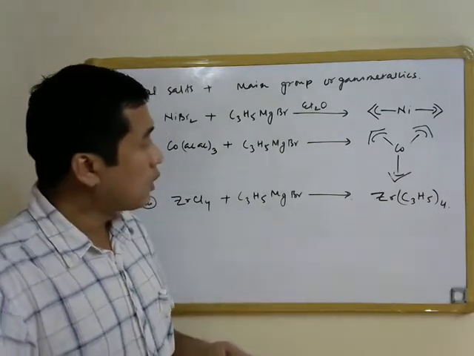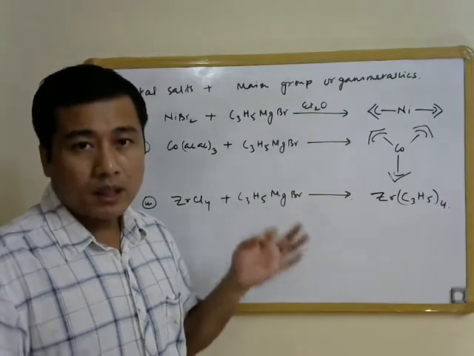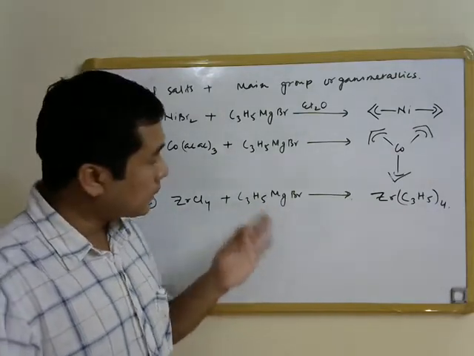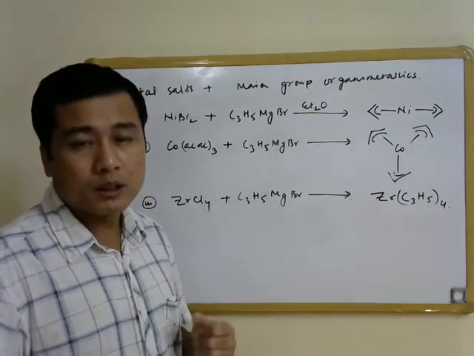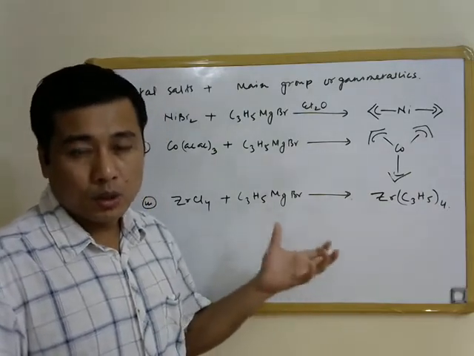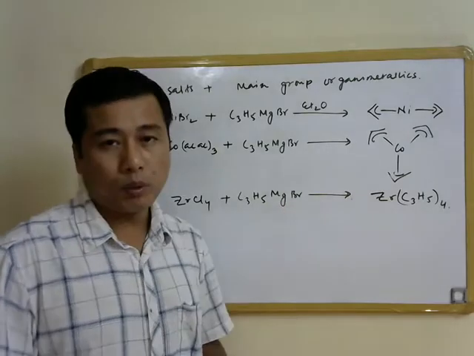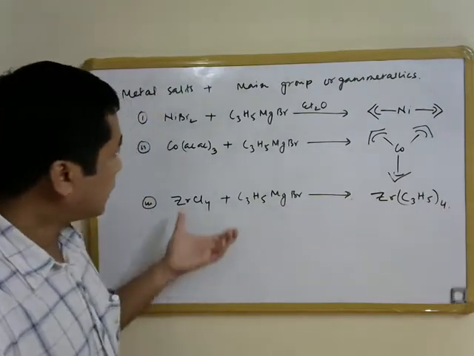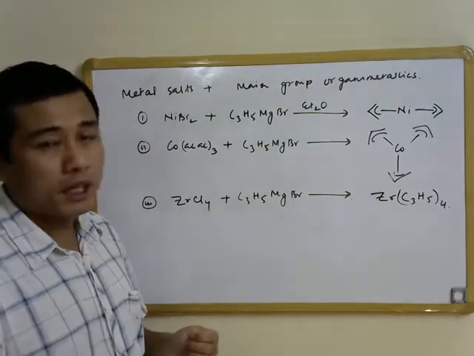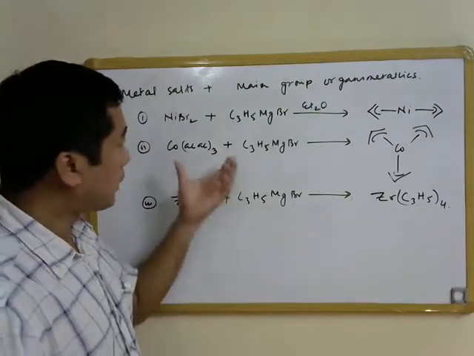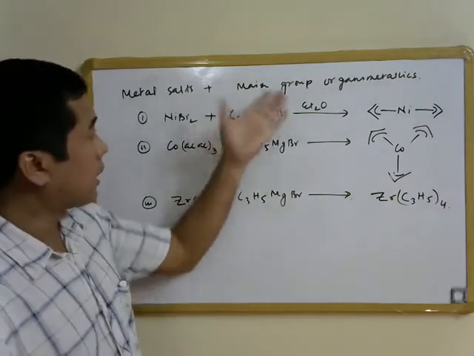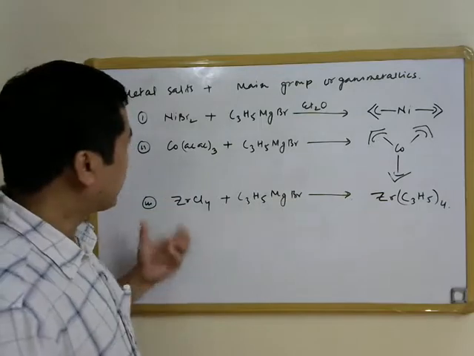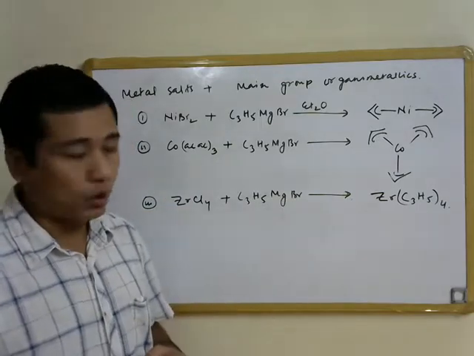These complexes are thermally unstable, and that is why one needs to do the preparation as well as isolation of these compounds under low temperature only, or otherwise the products will decompose under the reaction conditions. So this is how one can prepare different binary metal allyl complexes by using a metathesis reaction and using the allyl Grignard reagent with different metal salts.